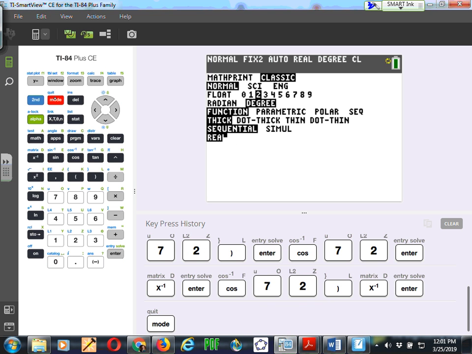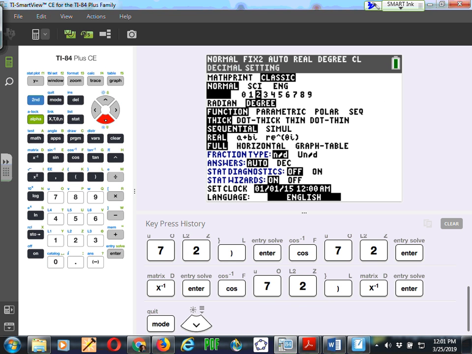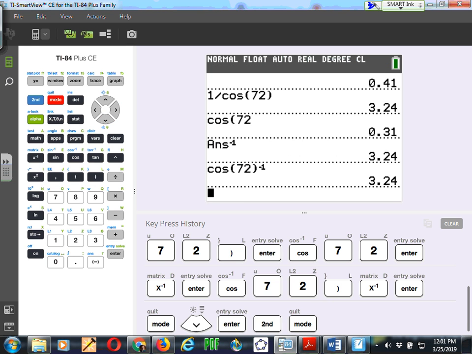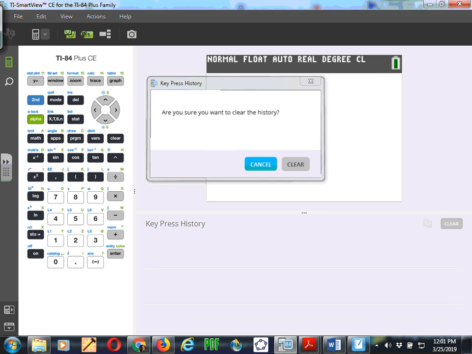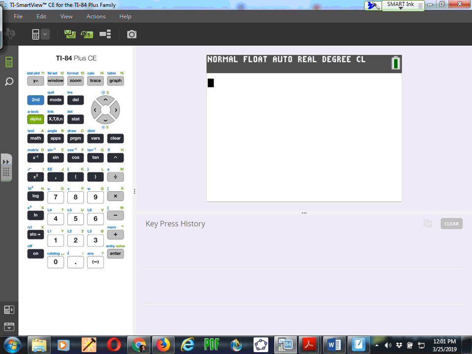First of all, I'm going to go back into floating point mode just to be able to see how the numbers work out. Some people will do this. Let me clear the key press history. Some people have a tendency to say, well, I want 14 times the cosine of 65 degrees.